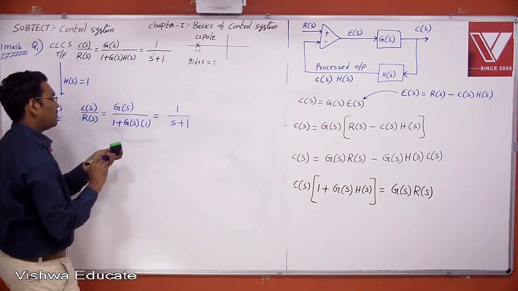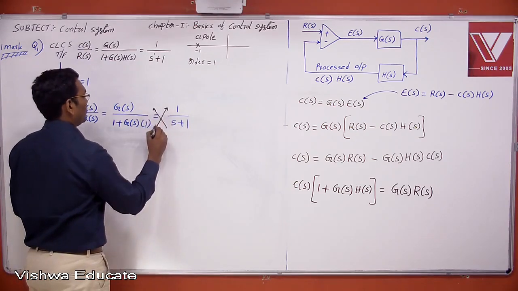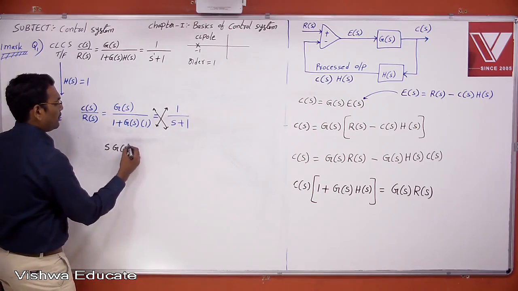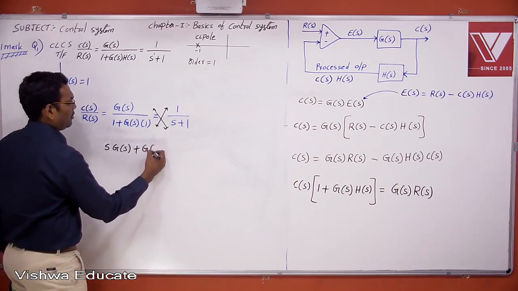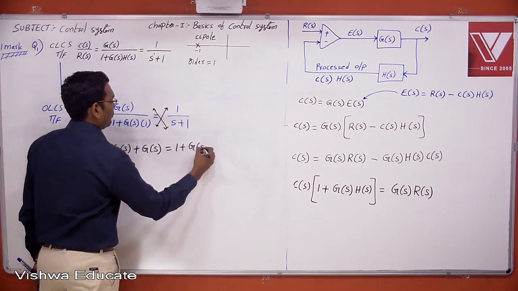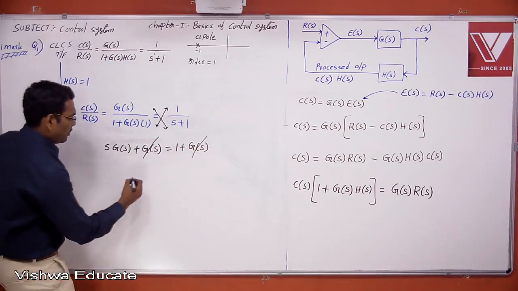Then if you cross multiply, S into G of S plus G of S is equal to 1 plus G of S. Therefore, G of S is cancelled. Therefore, what is G of S?